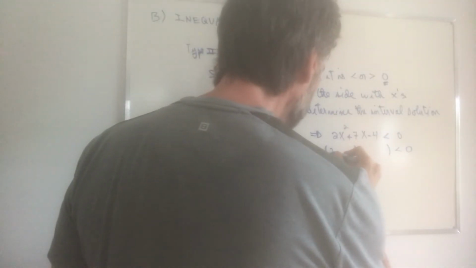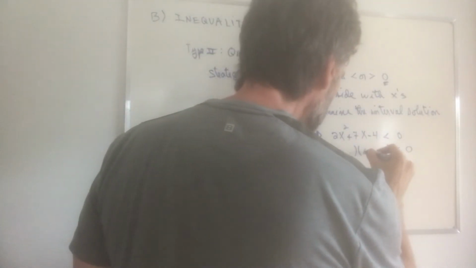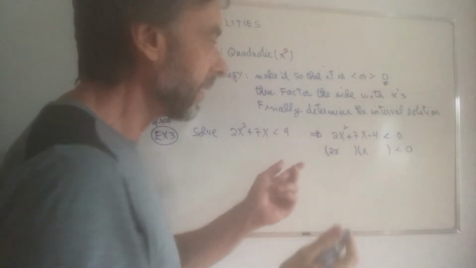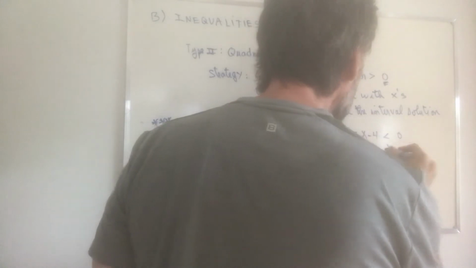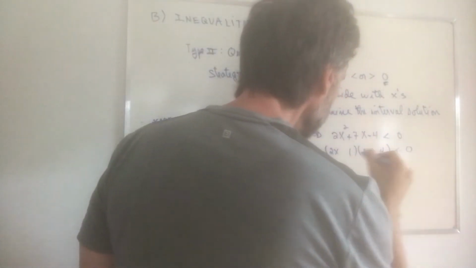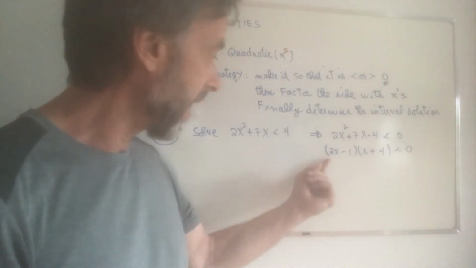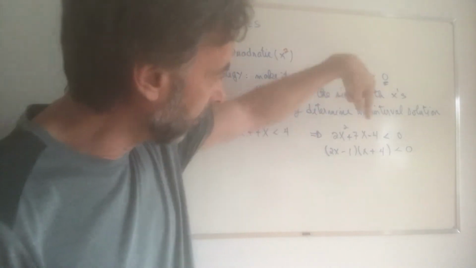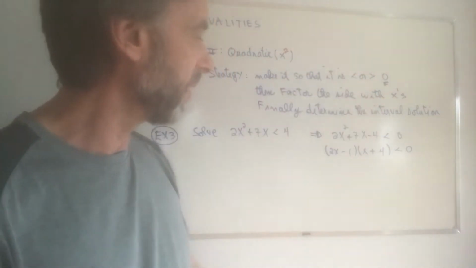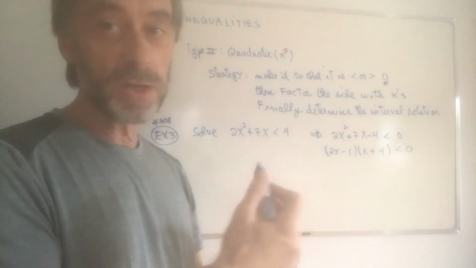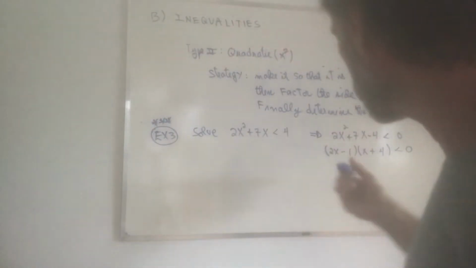So 2x squared for me means 2x here and x here. 4, that can be 1 times 4 or 2 times 2, but I'm going to go with 1 and 4. And if I put a plus here and a minus there, I will leave it to you to verify that indeed what I have here perfectly corresponds to what I have over there. So let's assume that we can go over this and understand one another that this is correct.